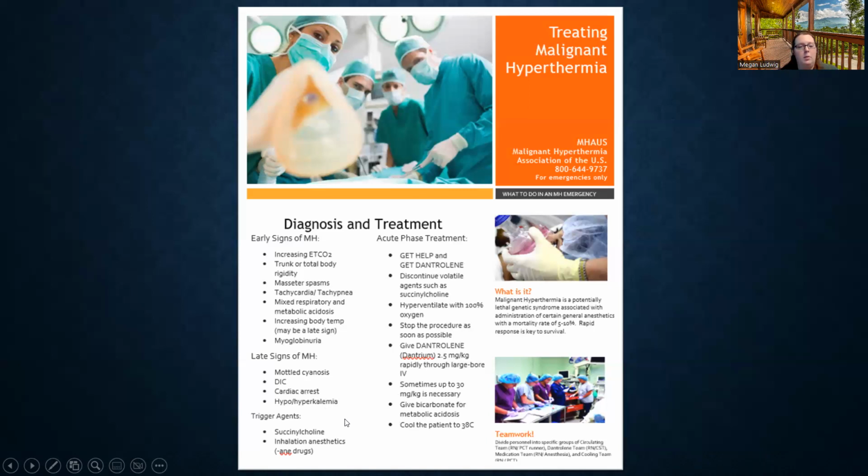Okay, so the triggering agents here are not very many, actually. So patients who are under typically like a MAC or a local are not at risk, but these are for general anesthesia. So this one is succinylcholine, or anectine is the other name for it. So we sometimes refer to it as SUX, okay, if you hear anesthesia. So succinylcholine, and then your A&E drugs.